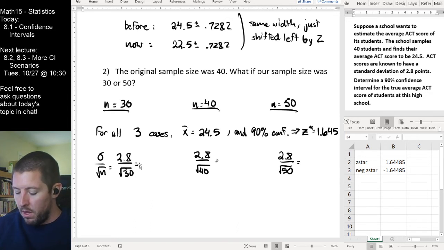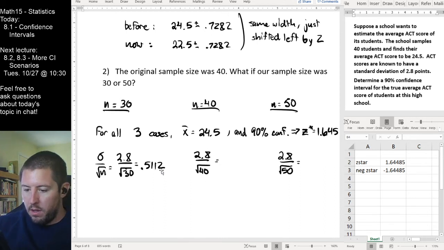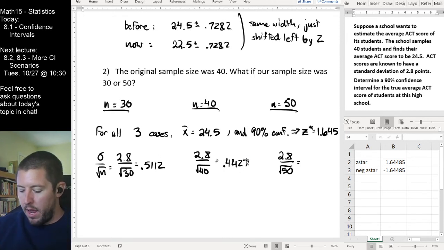So 2.8 divided by the square root of 30 is 0.5112. 2.8 over the square root of 40 is 0.4427, the one we've already seen. And 2.8 divided by the square root of 50 is 0.3960.